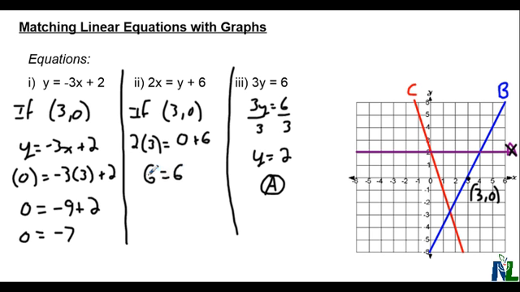So I know that this point must be on this line, or at least it works for this particular line. And because none of the other lines in this particular problem cross at that same point, then it must match up with line B. And therefore, by default, the equation number 1 must match up with line C.